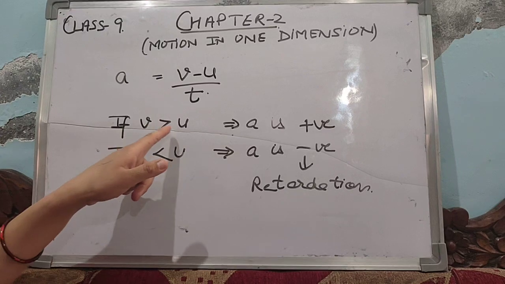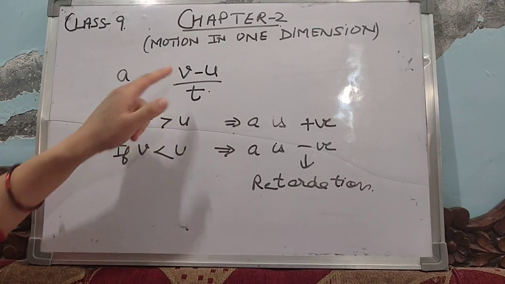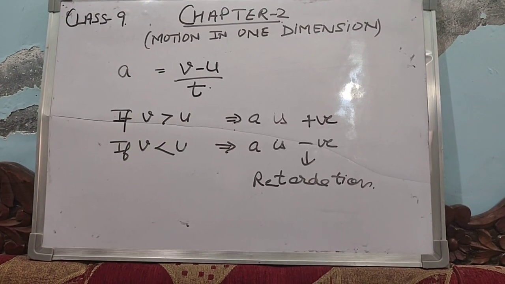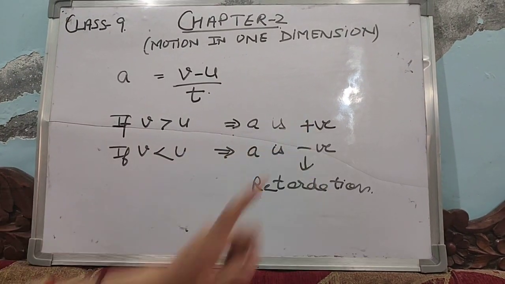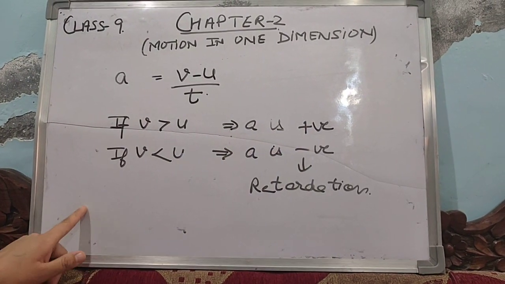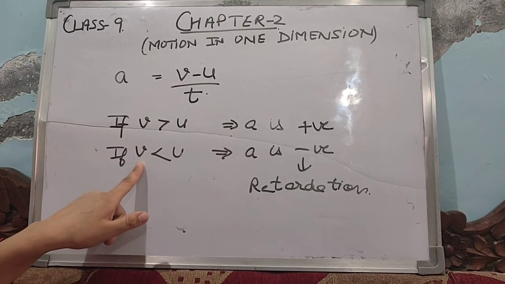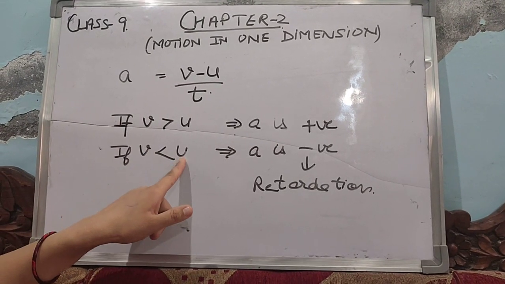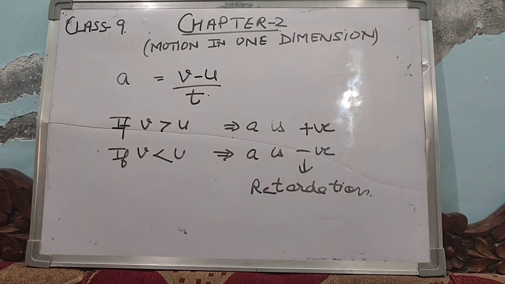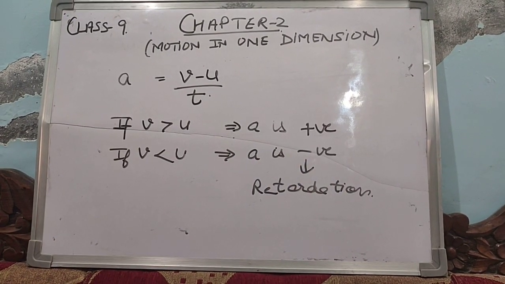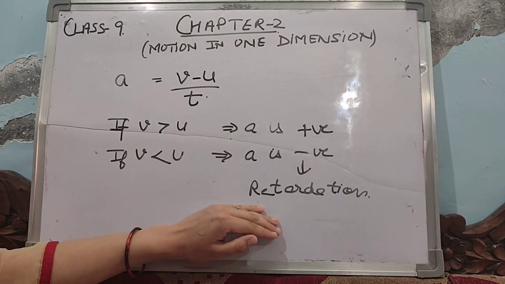If v is greater than u, that is, final velocity is greater than initial velocity, in that case acceleration comes out to be positive. And if final velocity is less than initial velocity, then a is negative. As I've told you, negative of acceleration is retardation.